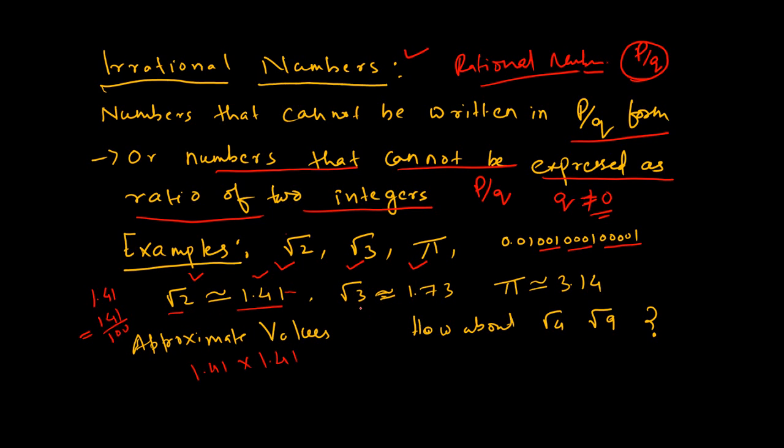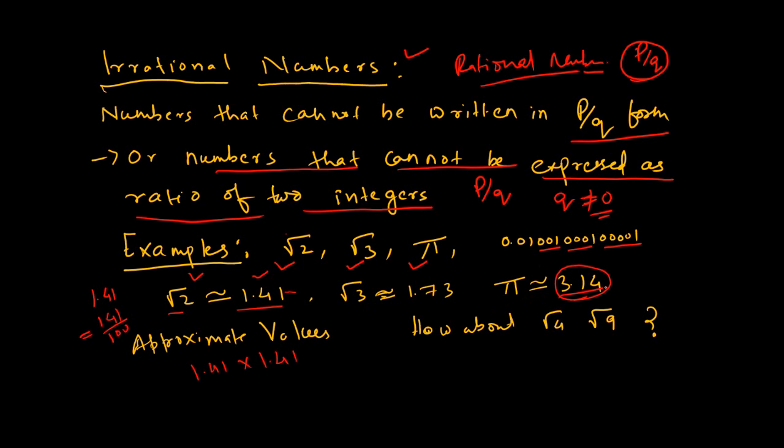Similarly, in the case of root 3, the approximate value is 1.73, but it's not the exact value. So we cannot express root 3 in p by q form. Similarly, the approximate value of pi is 3.14, but this is not the exact value.